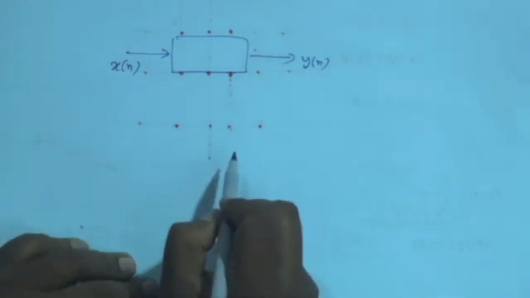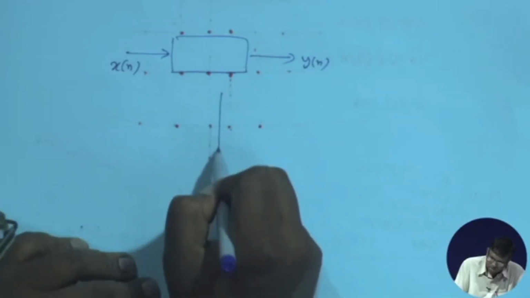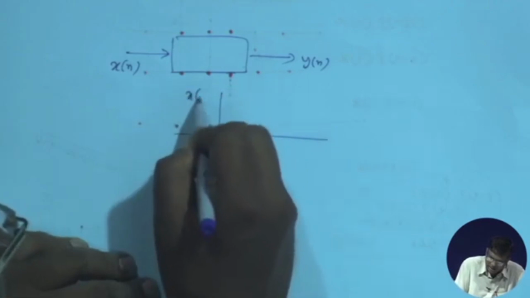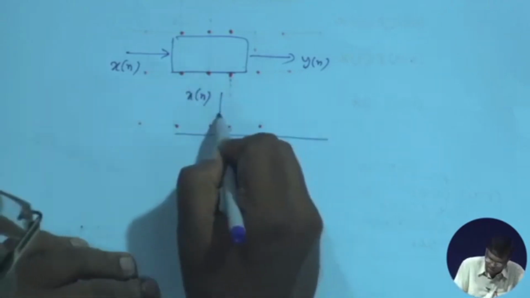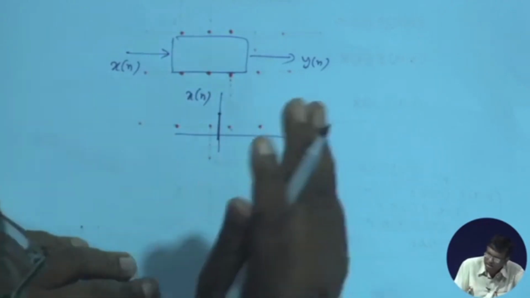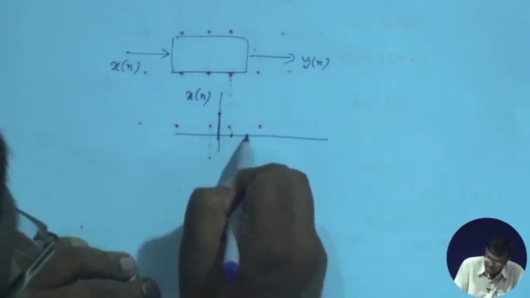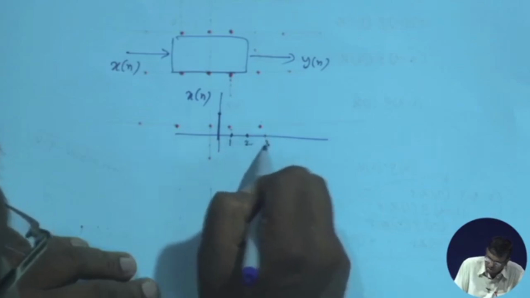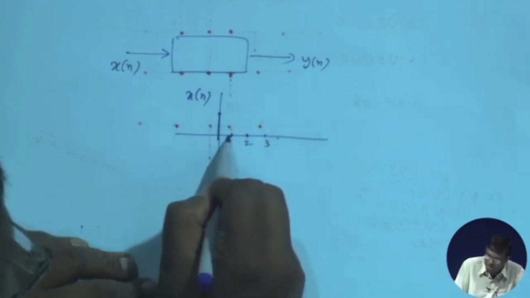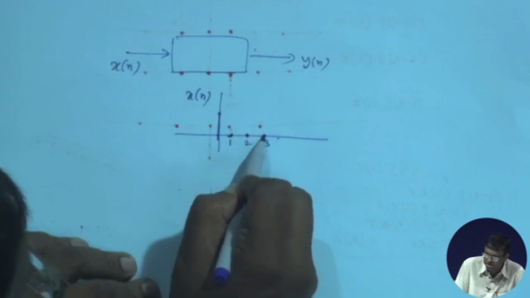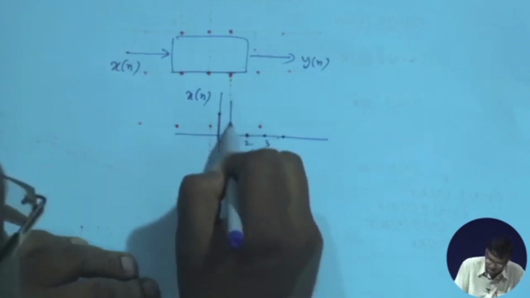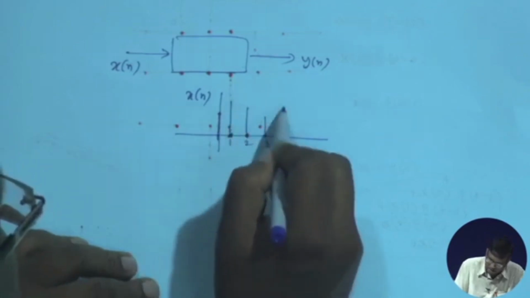Say x n is obtained by sampling some analog signal. So these index points 1, 2, 3 actually correspond to sampling points. This corresponds to capital T, this is 2T, this is 3T, like that.